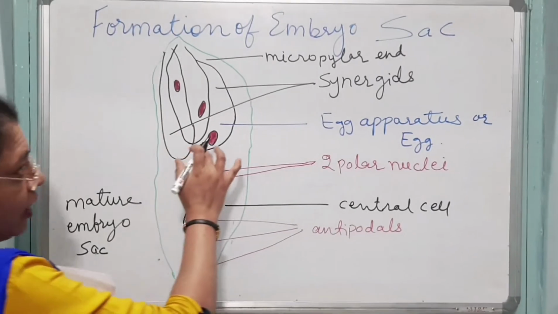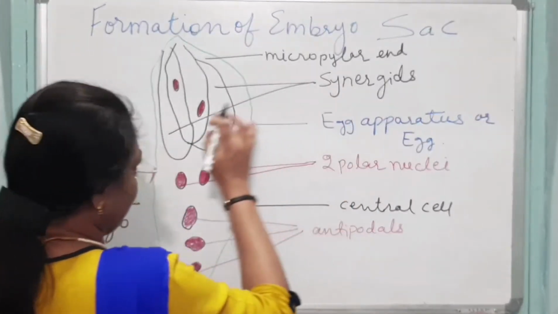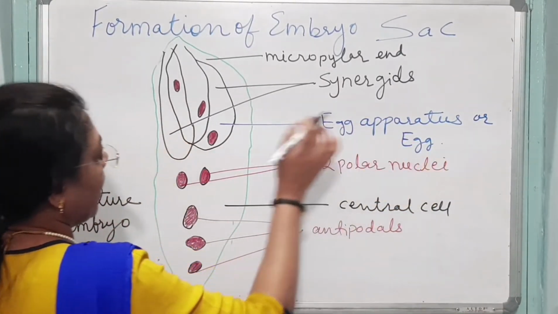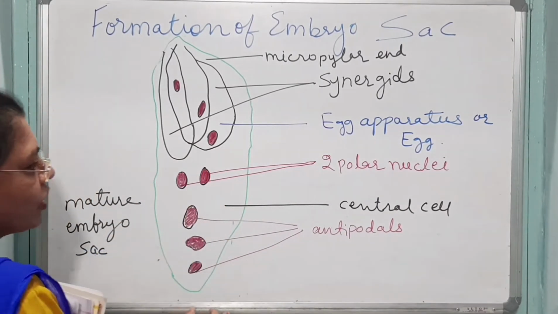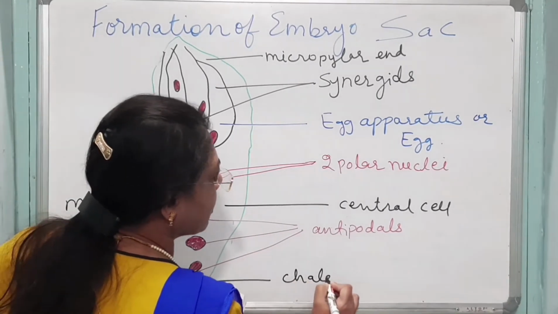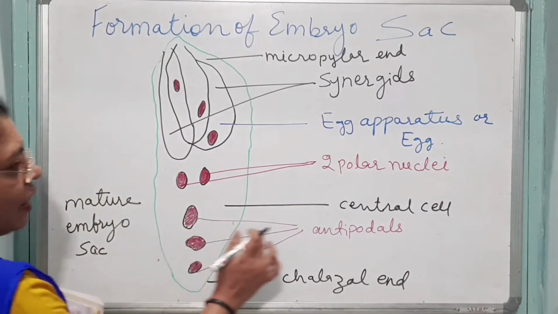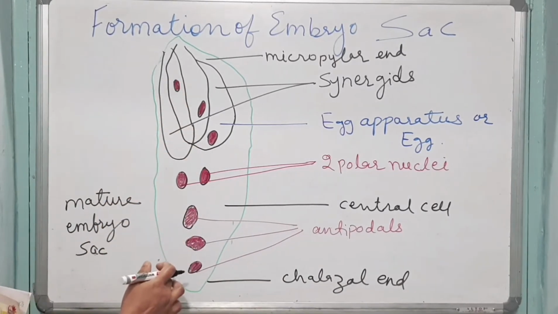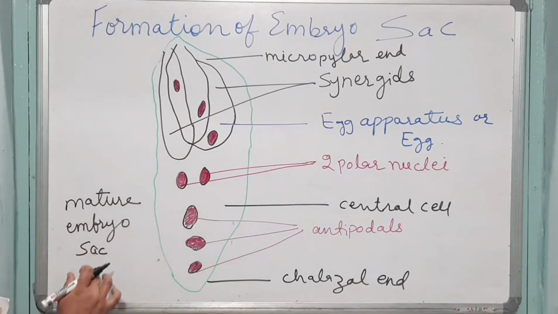Out of the 3 nuclei, 2 form the synergids and 1 forms the egg apparatus or the egg. And the remaining 3 go towards the chalazal end and organize as antipodals. So all the 8 nuclei are distributed inside the mature embryo sac.